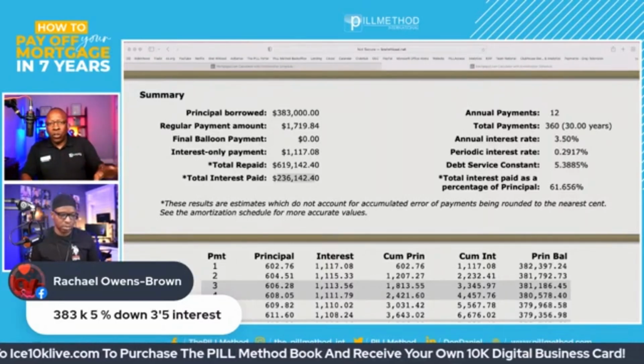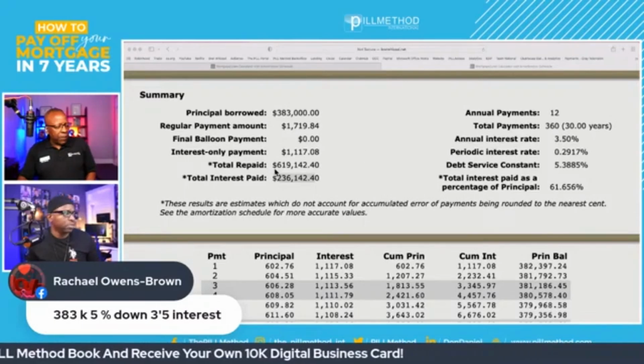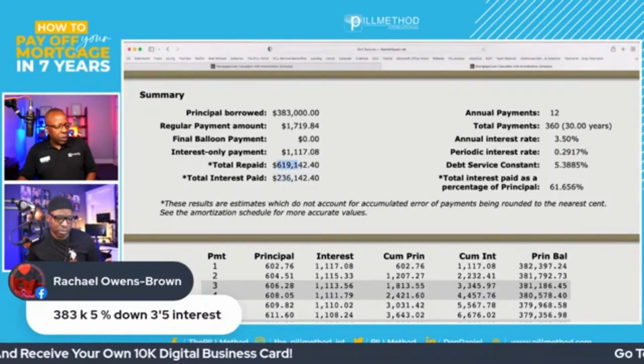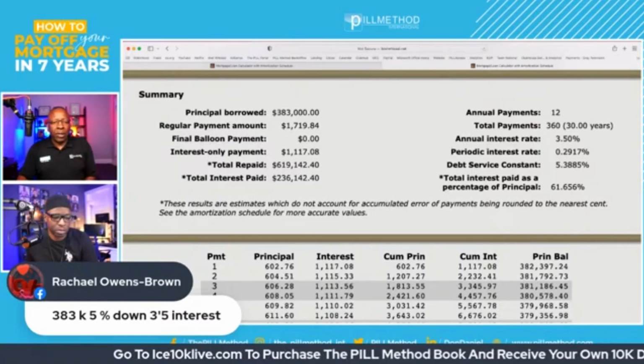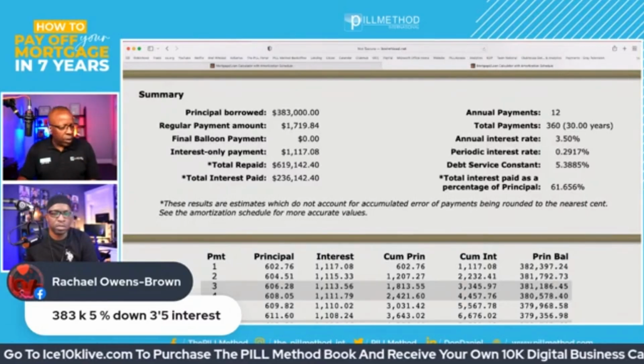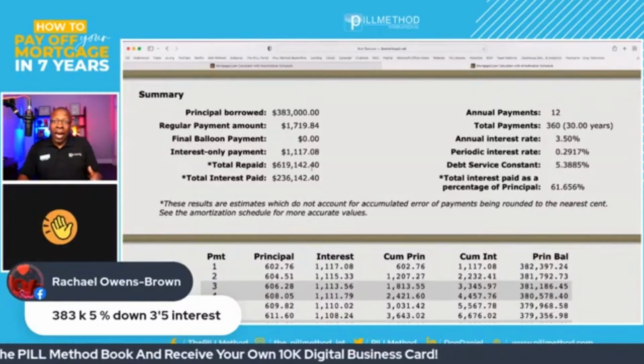Here's what the bank wants you to pay to acquire this asset: $618,000. That's what they want you to pay, a total $619,142.40. You're doing this in a $383,000 neighborhood, but they want you to pay $619,000 for it if you add the principal and the interest together.